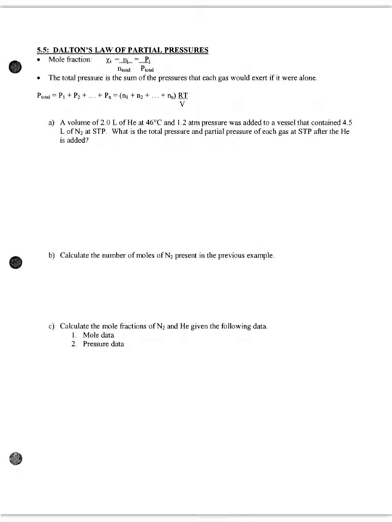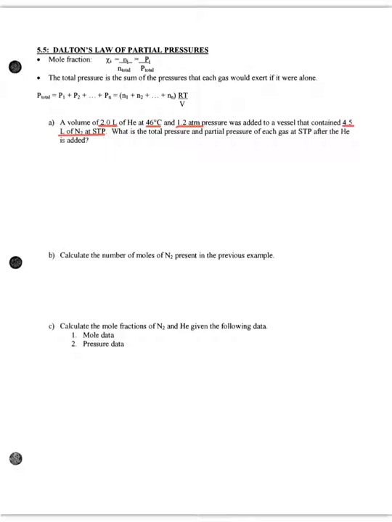All right, so then let's take a look at the first example here. We have a volume of 2 liters of helium, temperature 46 degrees Celsius, and pressure in atmospheres. The helium is being added to 4.5 liters of nitrogen gas at STP.